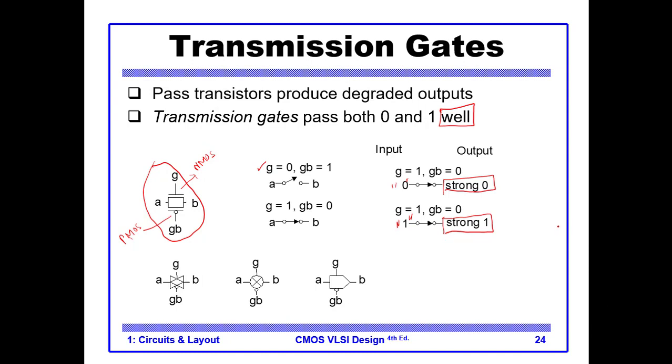So you may ask why the transmission gate can give us a strong 0 and a strong 1.